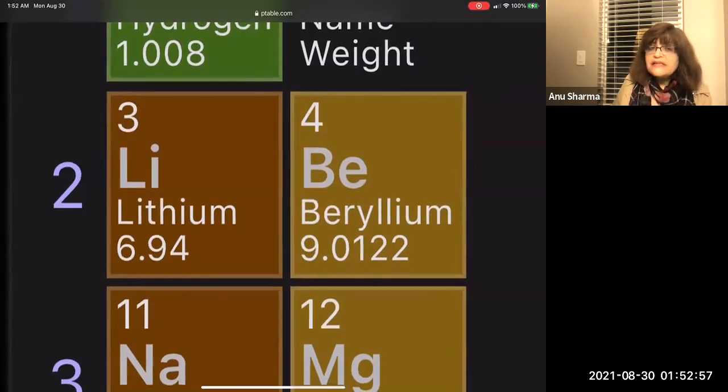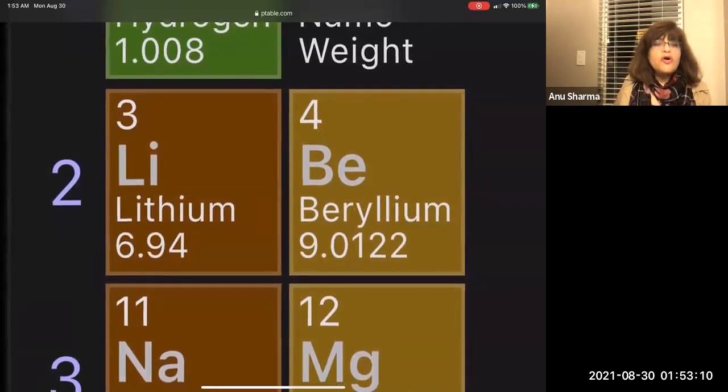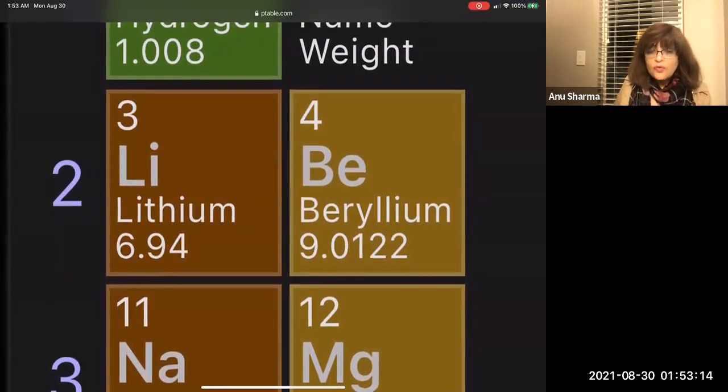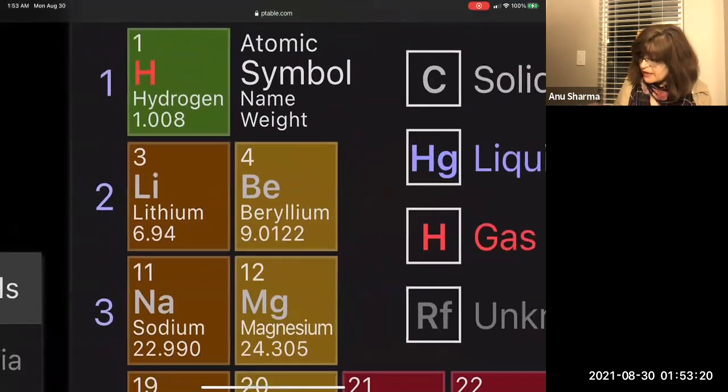Okay, so this lithium has 3 protons. So anytime there are 3 protons in the nucleus, it's always going to be lithium and nothing else. Now the same lithium, which is a soft metal, reactive and placed under oil, if you add one more proton to the nucleus of the atom, it becomes beryllium.